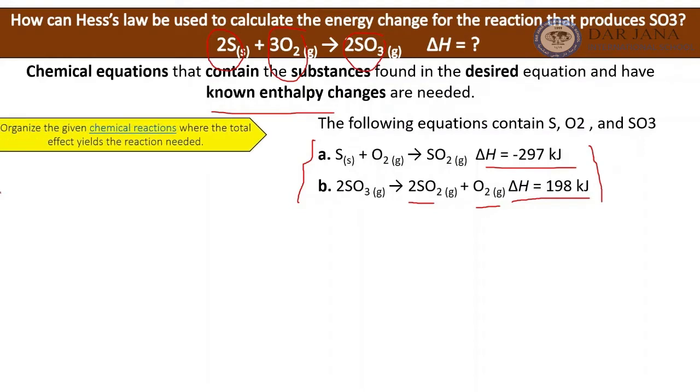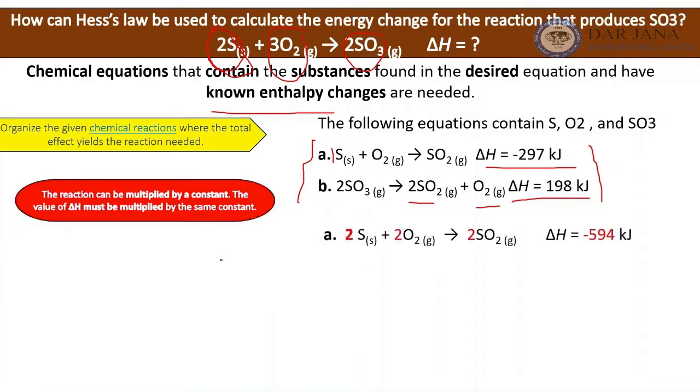The first step, we should organize the given reactions so that the total effect yields the reaction needed. If you compare the desired reaction with these two reactions, you will find that next to sulfur there's a coefficient 2. Here there's just 1. So we have to multiply the whole equation by 2, even the delta H. So the reaction will be like this.